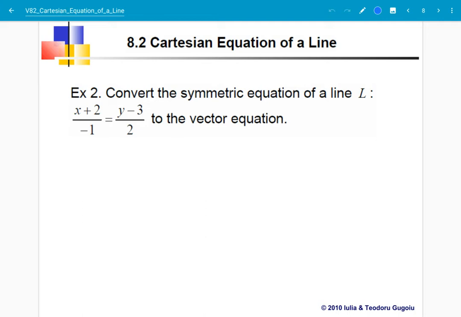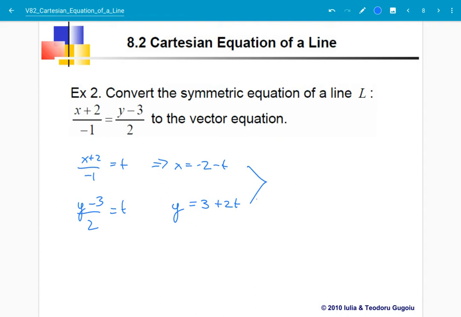Okay, now example 2. Convert the symmetric equation of a line to the vector equation. Well, if you're not sure what to do, you can always set it equal to t, both parts, and then solve for x and y. That's really what's involved. So this will be x is equal to negative 2 minus t, and y will be equal to 3 plus 2t.